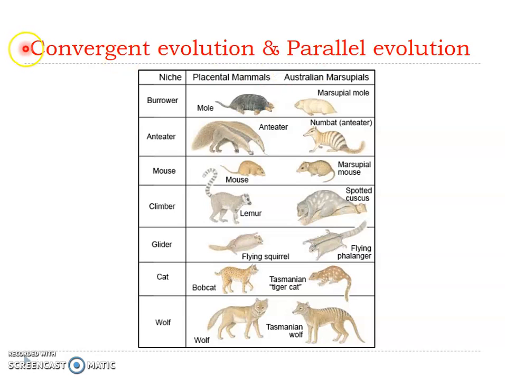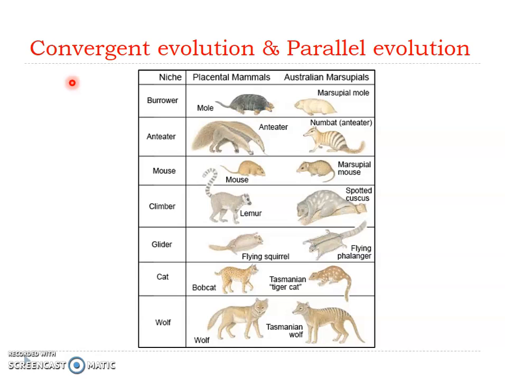Convergence is where animals develop similar adaptations among distantly related forms, while parallelism is where similar types of adaptations are developed among closely related animals. Okay, those two are different kinds of evolution.